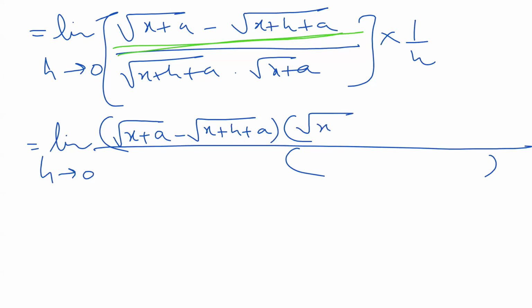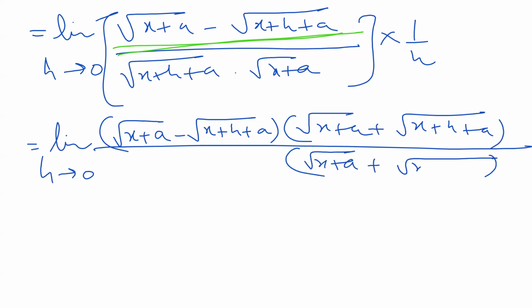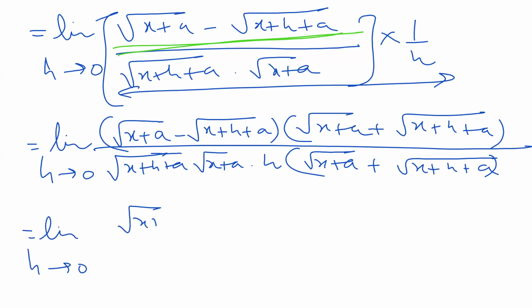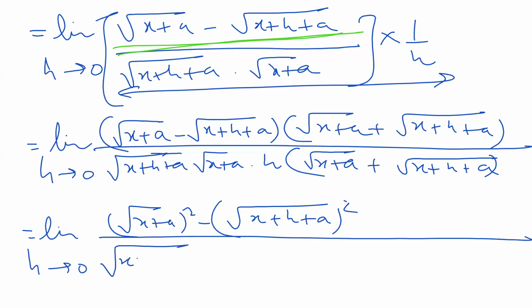So root of x plus a plus root of x plus h plus a, root of x plus h plus a, root of x plus a into h. These three terms will be written over here. Fine. Now in the numerator we are having a square minus b square. Denominator there are four terms.